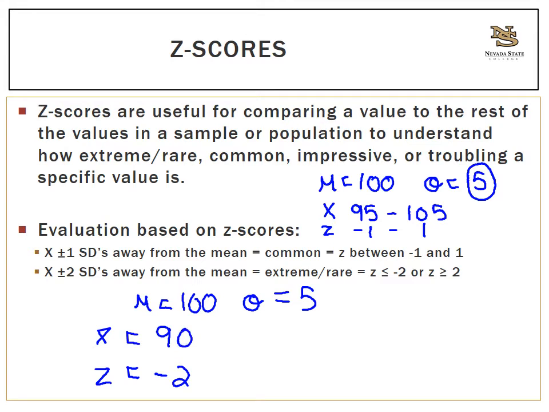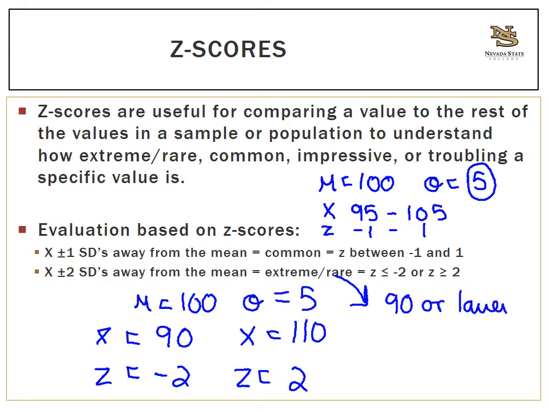And then on the other side of that, the higher end, for z of positive 2, you just take 2 times 5, 10, add that to 100, because now we're looking at the positive end, higher than the mean, and you get that 110. So extreme scores would be 90 or lower, or 110 or higher. Very unlikely in this data set.